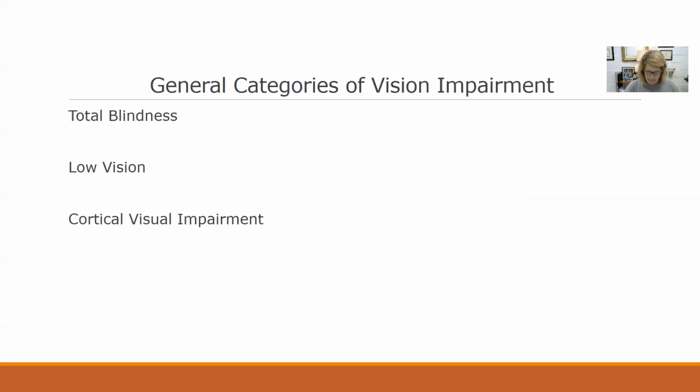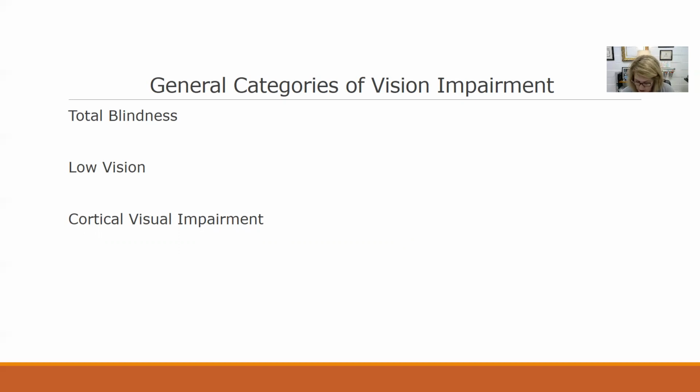All right, let's talk a little bit about vision impairment. Although the inclusion of a child with total blindness may be rare, children with low vision or whose visual impairment is combined with other disabilities is increasing, especially in the inclusive setting. One thing to remember is there are many types of visual impairment.